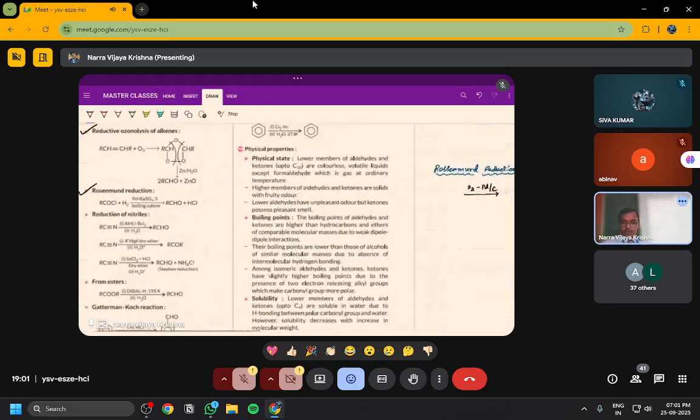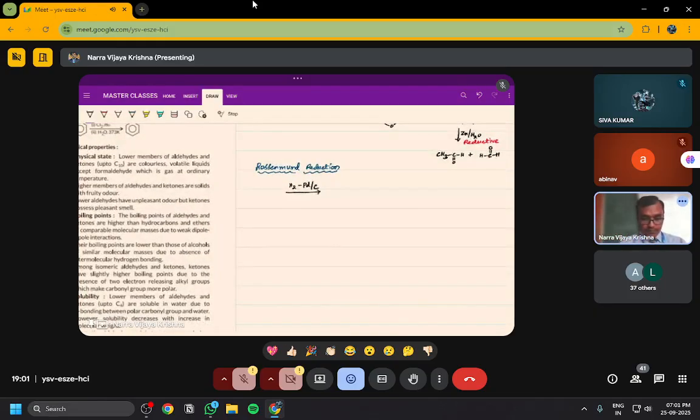I will write hydrogen, palladized carbon. When you are writing palladium, no need to write H2 also. Reason? Hydrogen is occluded over the surface of palladium. What do you mean by occlusion? Adsorption of gases on the surface of metals is called occlusion.